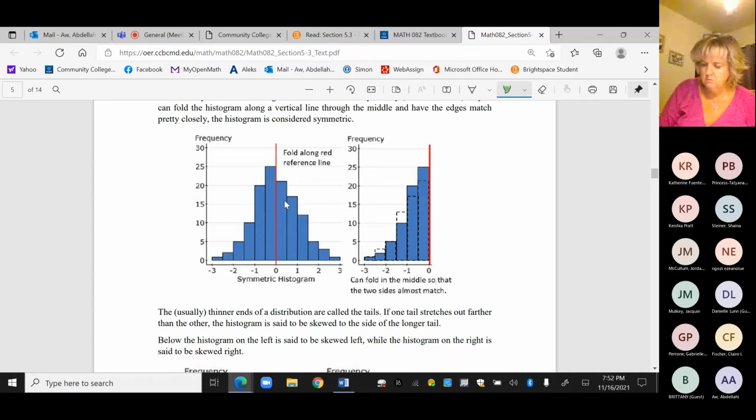The red line is like a mirror. Of course here, the right side and the left side are not exactly the same bars, right? They are not exactly the same bars, but they follow the same pattern, you see?